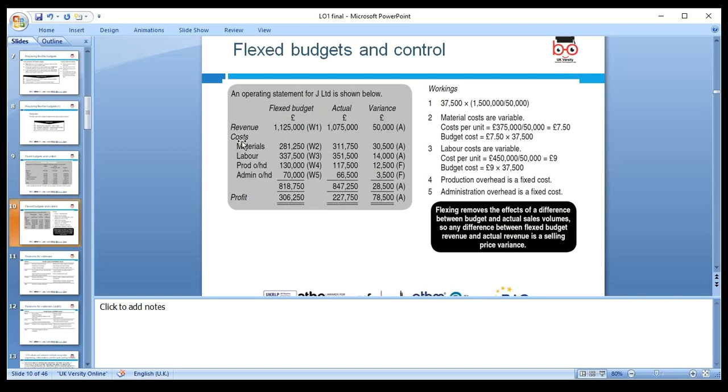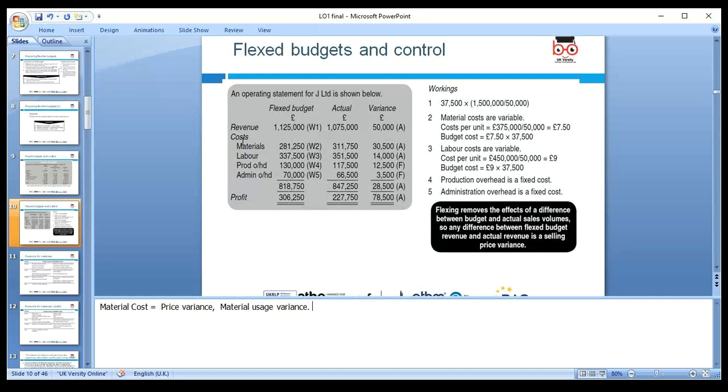So why is there this variance? What do you think? Material variance. Why material variance? Material cost variance has two sub-variances. One is called the material price variance. The second is the material usage variance. Why?